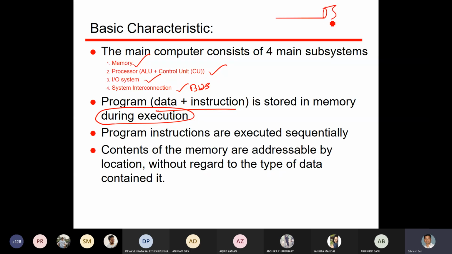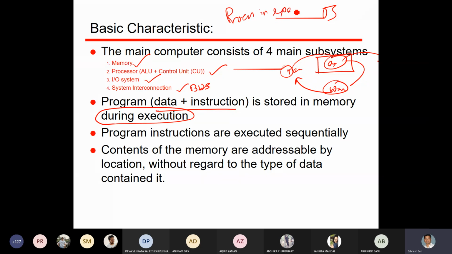Because in OS you will find that a process has five states. First it is ready, then it goes to execution, and sometimes it may wait, then comes from the wait queue back to the ready queue, and after that it is completed. Remember this point: any process in execution mode is called a program.